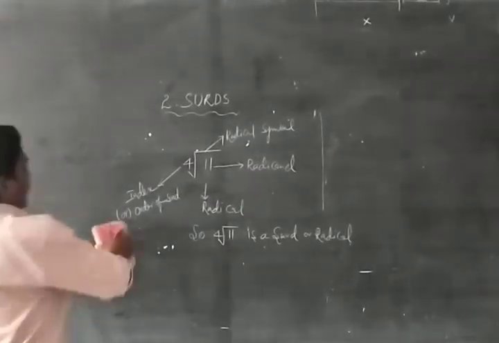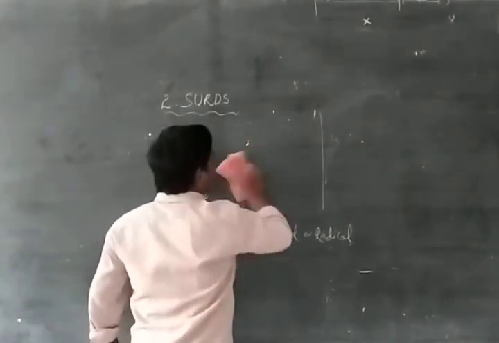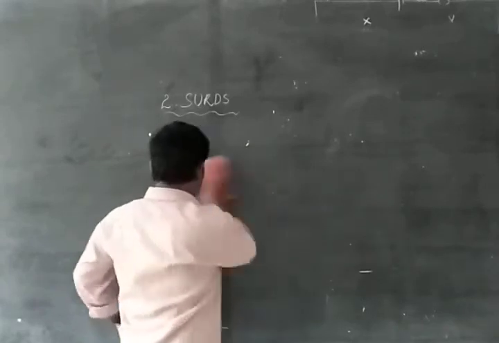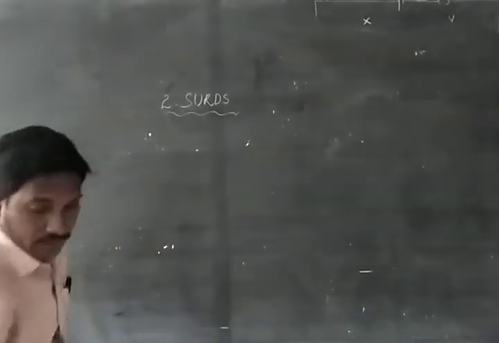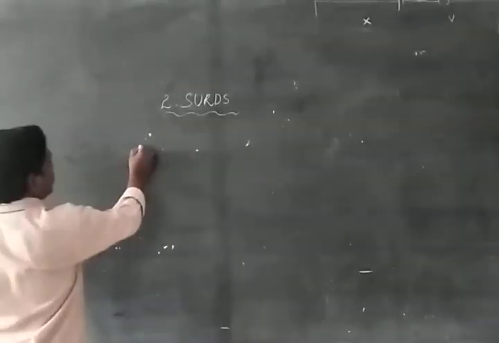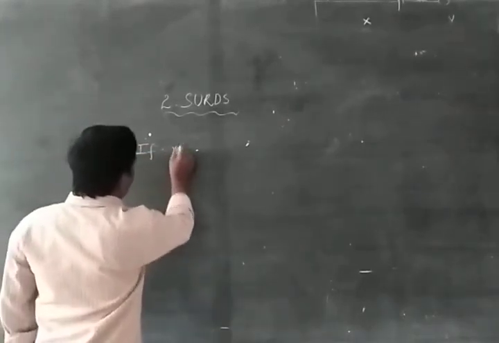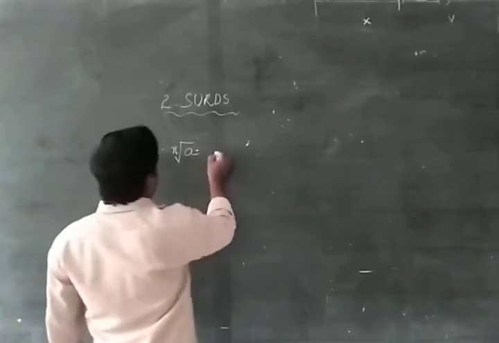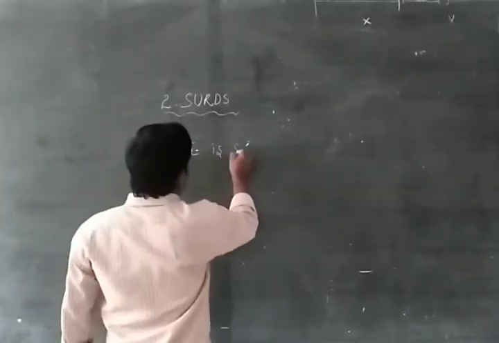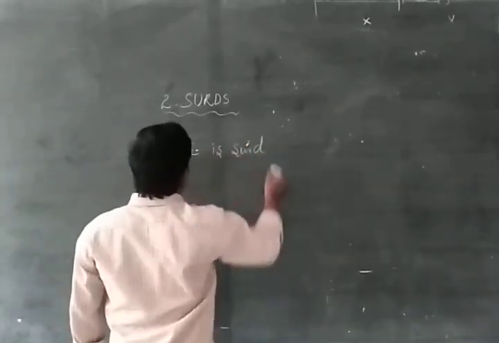Okay. Next one. If nth root of a is a surd, what are the conditions?